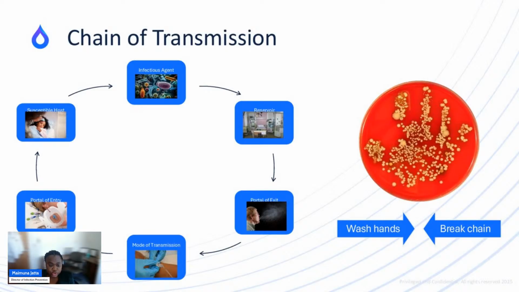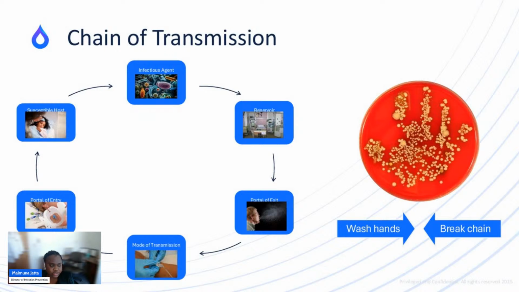And then we move on to the mode of transmission. So this is how the pathogen, the specific agent, is transmitted from one person to the other or from one surface to the other. And things like contact, droplet, airborne ways, and then other vector.